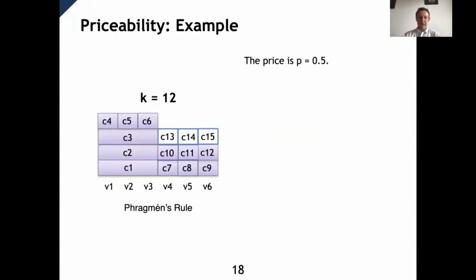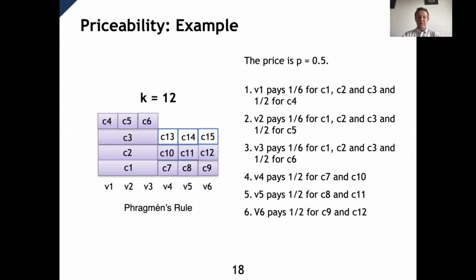For example, we can see that this committee returned by Phragmén's rule in our previous example is priceable, and the corresponding price system would be the following. We can set the price p equal to half of the dollar, and voter v1 can pay 1/6 for candidates c1, c2, c3, and half of the remaining budget to c4.